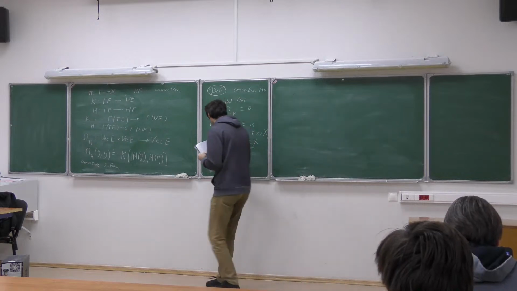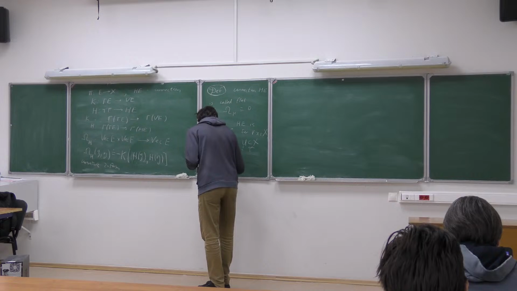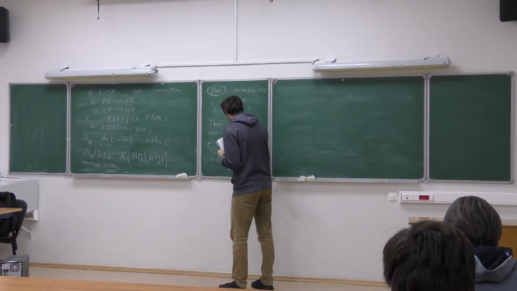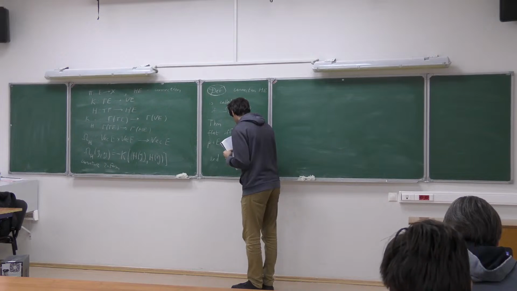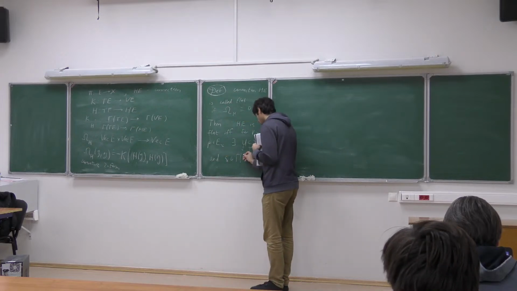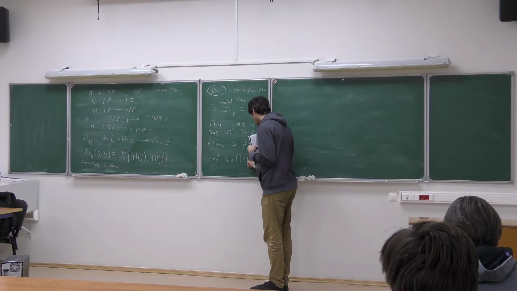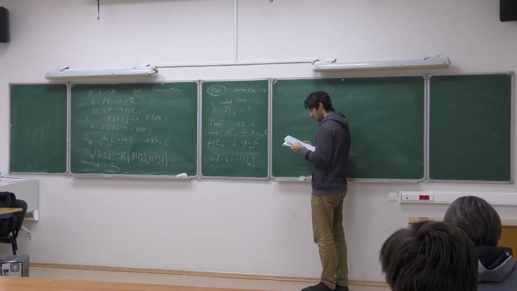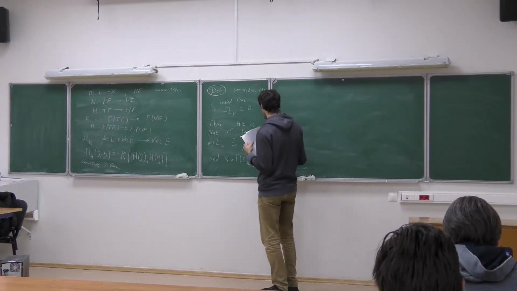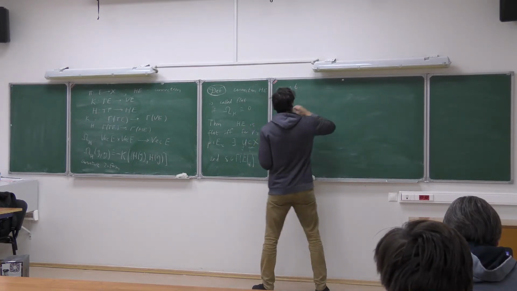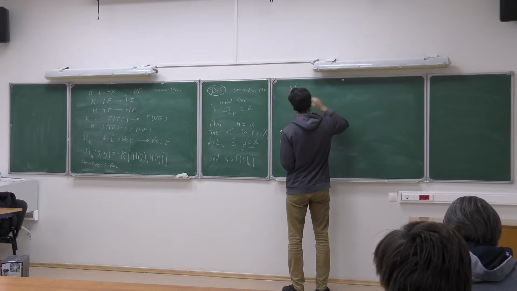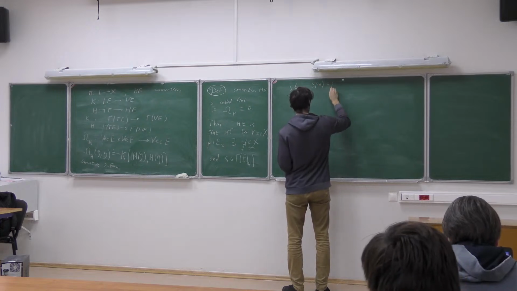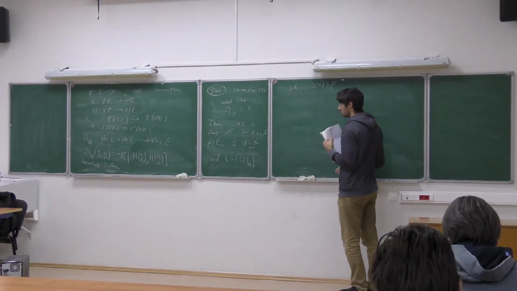And a section, so it's a local section of E, S belongs to gamma of E restricted to U, such that, first of all, the value of S at x is exactly our chosen point p.